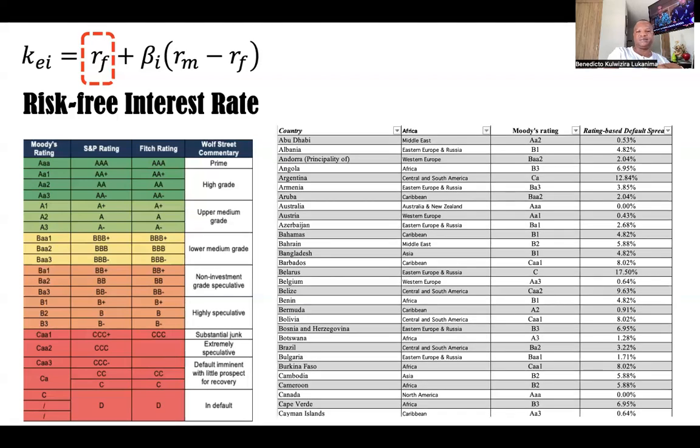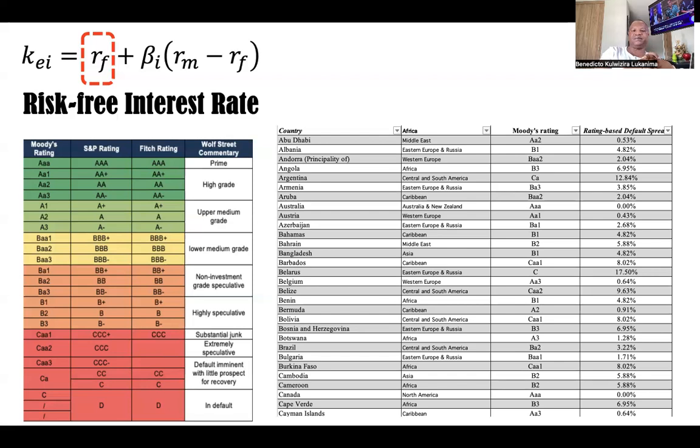For example, this is a table of ratings of different countries and default spreads according to a rating. The data is extracted from the Damodaran analysis, which I prefer to use. There are different sources from which we can determine default spread of governments. This is among them.